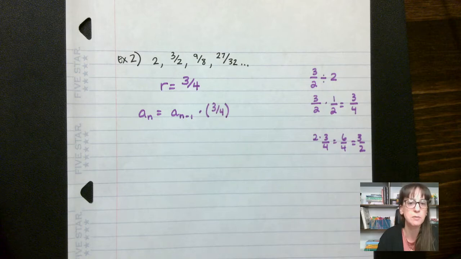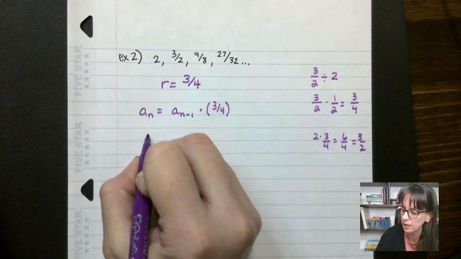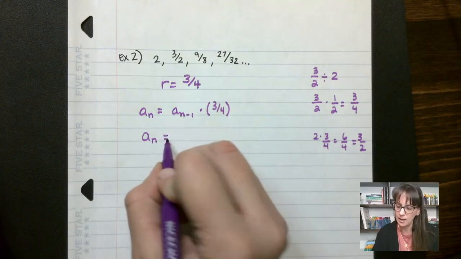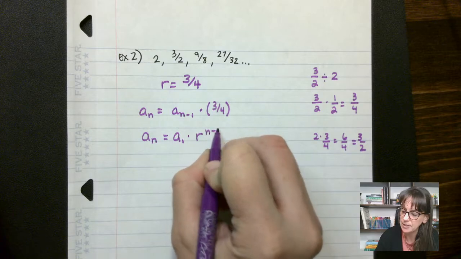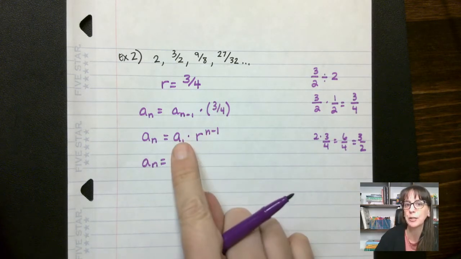That's my recursive sequence. But that's not helpful because, like I said before, you'd have to do it all the way out. So instead we're going to write our rule for it. It looks like this: a_n equals a_1 times our ratio to the n minus 1. So what's our answer in position 1?